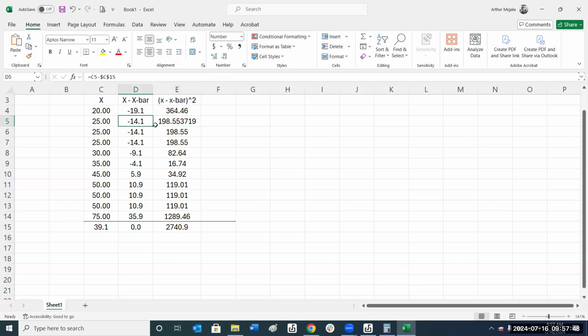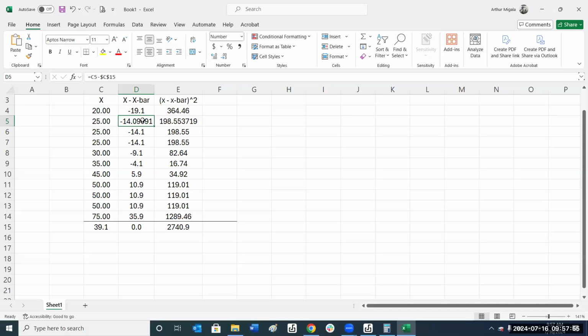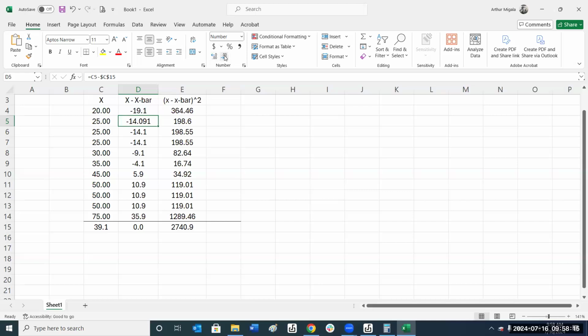Well, actually, what's happening here, whenever you use a computer, this number here is really that. So when I square this number, I get that. It's called a round off error. And that's the difference between if you use a computer, a calculator, or if you do it by hand.